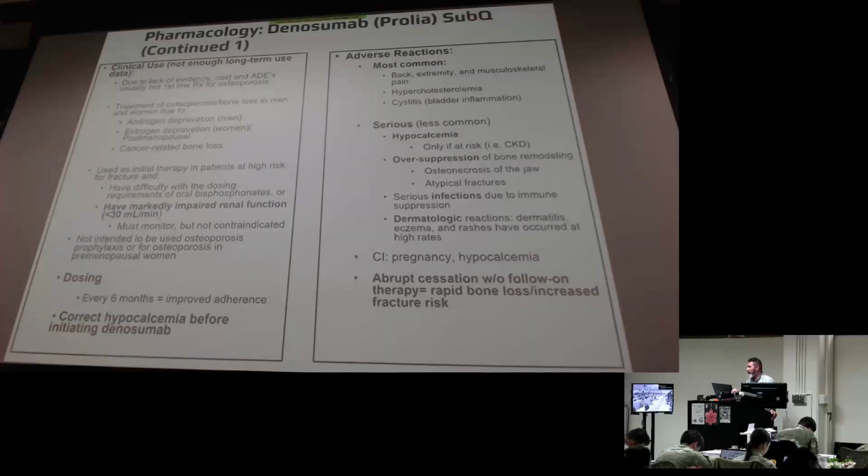If they can't follow the rules for taking the bisphosphonates, or if creatinine clearance and their kidney function is less than 30, you can use it, because this medication, being a monoclonal antibody, is not cleared through the kidneys. So because it's first line and works pretty well, if the patient doesn't have the kidney function to take the bisphosphonates, this is what you would use, right?